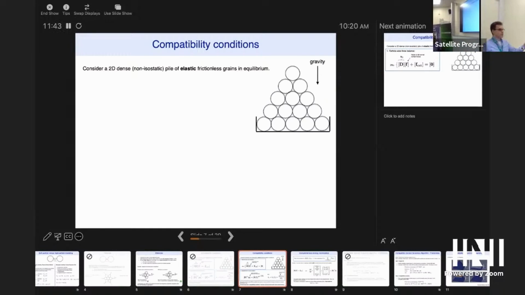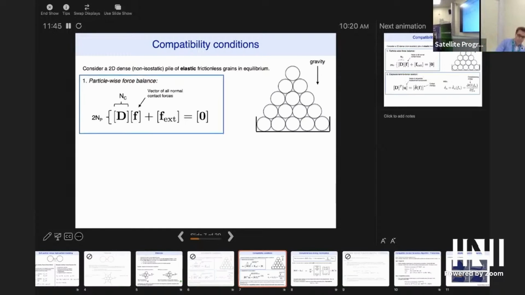Let's just codify all the equations together. So the first one is force balance. Okay. Particle-wise force balance. Every particle must satisfy that the sum of the forces is zero, obviously, right? So if I wanted to assemble all the force balances for every particle into one system, you could write it this way, where D is the so-called assembly matrix.